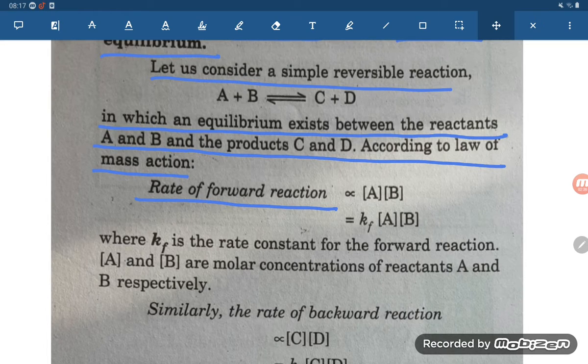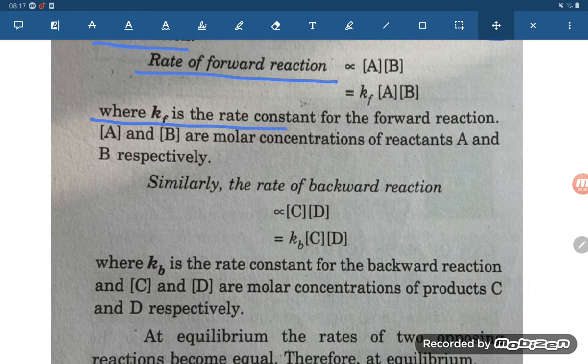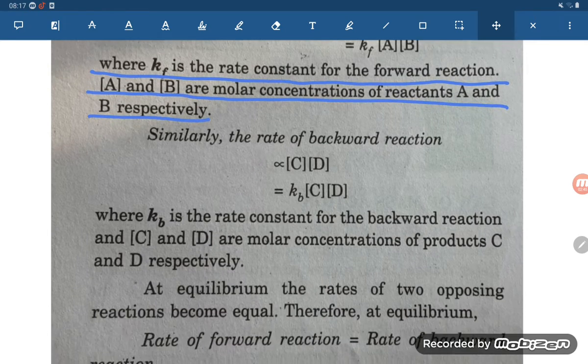If we remove the proportionality constant, rate of forward reaction is Kf [A][B], where Kf is the rate constant for the forward reaction, and [A] and [B] are the molar concentrations of reactants A and B respectively.